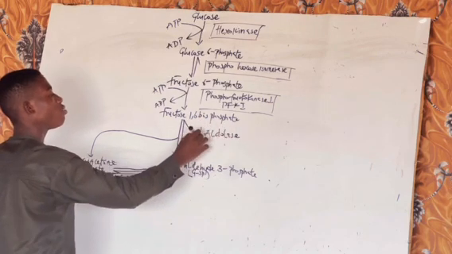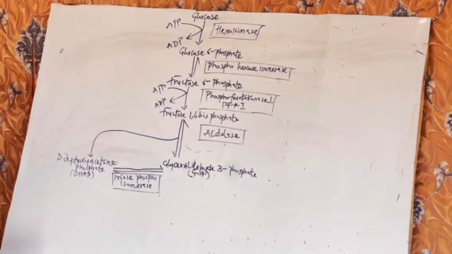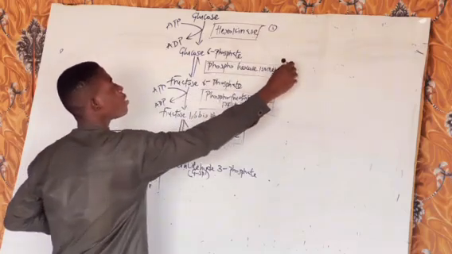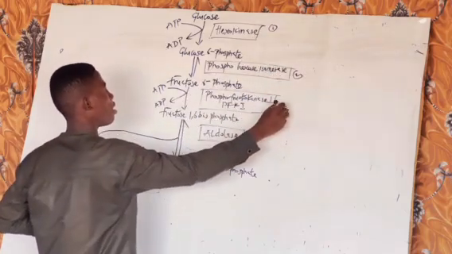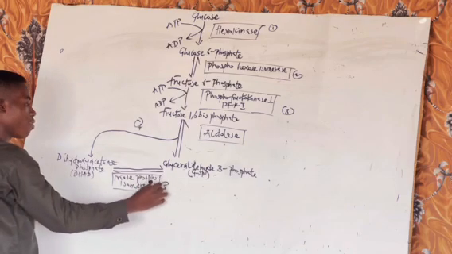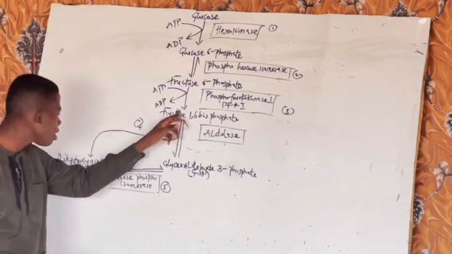We call it aldolase A. So you now see this is converted to this. We have step 1, step 2, step 3, step 4, and step 5. So this is converted to this, and this is also converted to this.